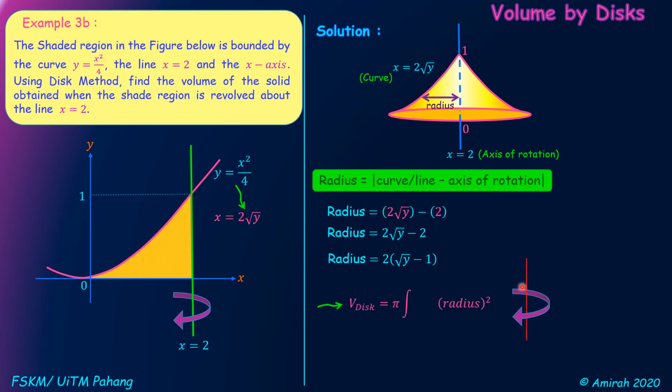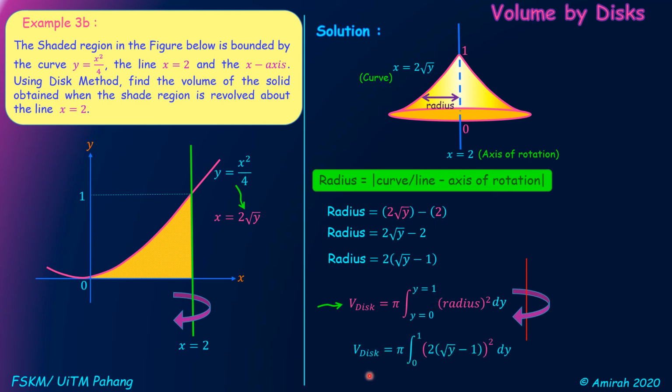Now our axis of rotation is a vertical line, so we need to integrate with respect to y. When we integrate with respect to y, we need to use lower and upper limits on the y-axis. So we have y equals 0 here as our lower limit, and upper limit y equals 1.